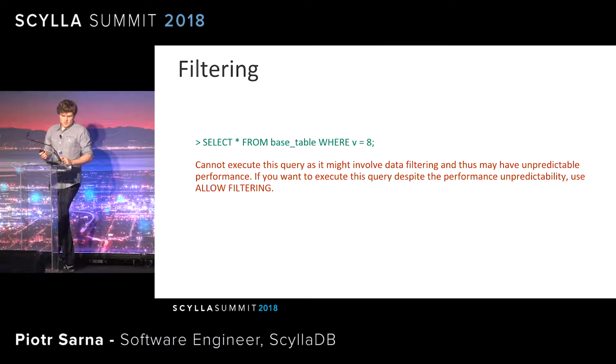It states that generally you shouldn't do that. You shouldn't restrict something else than a primary key. But if you really want to do that and you're aware of the potential performance problems that it may cause, you can just type in ALLOW FILTERING so we know that you agreed that the performance can be bad.